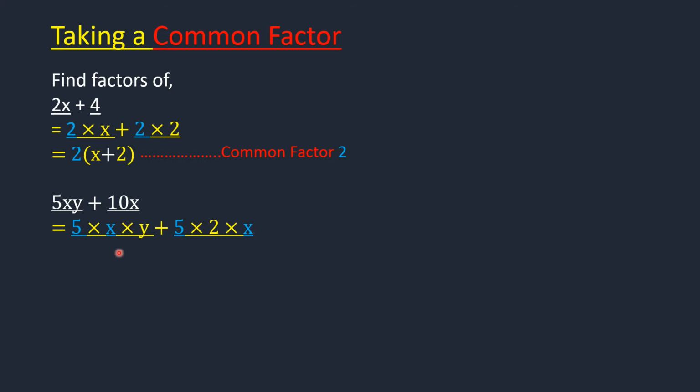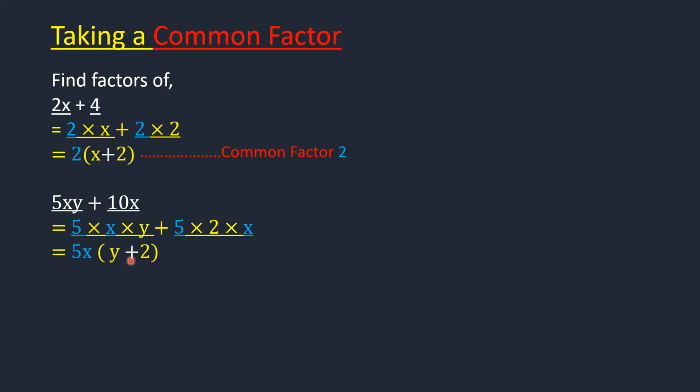Here we find that 5 and x are the two factors which are common to both the terms. So let us first write 5x, and whatever remains that we write in the bracket. So from the first term y is left, and from the second term 2 is left, and in between the two terms there is a plus sign that we will write between the two terms.